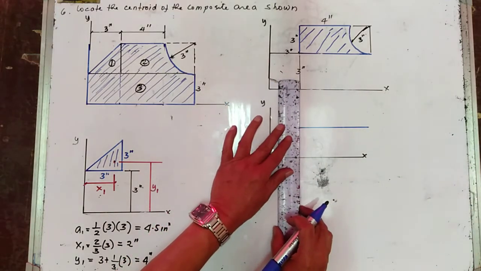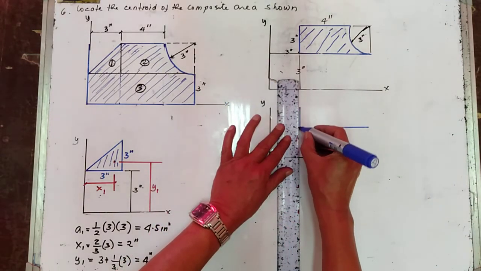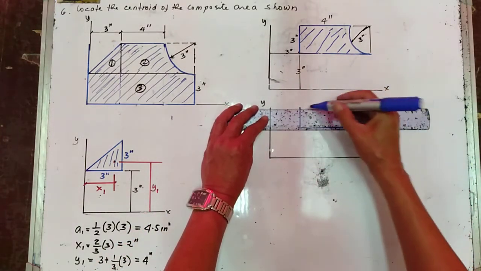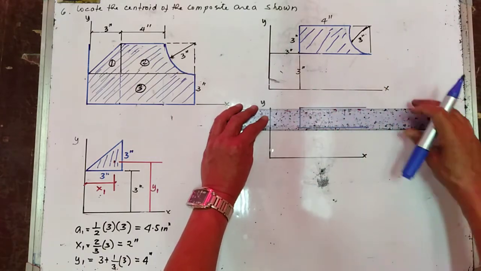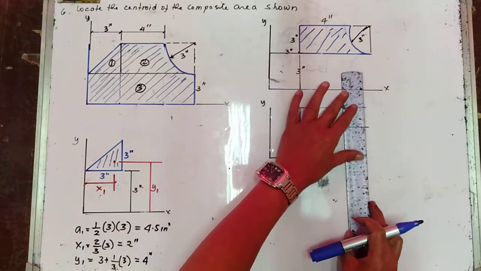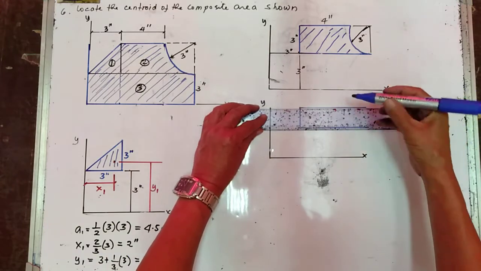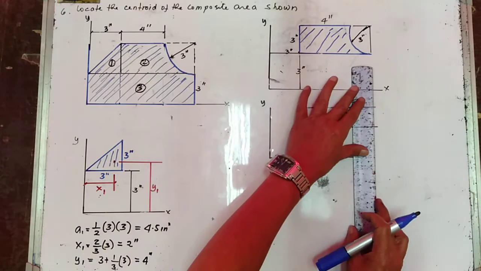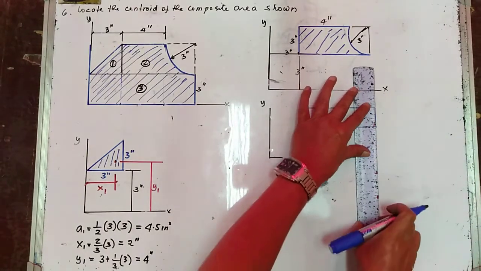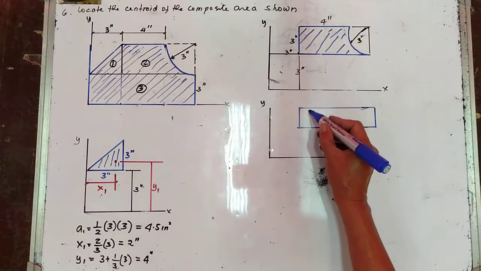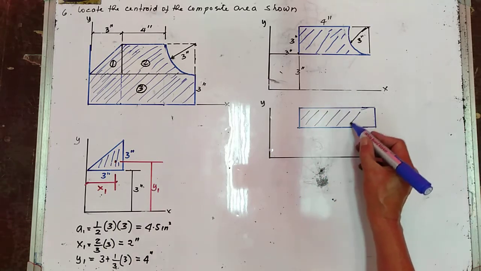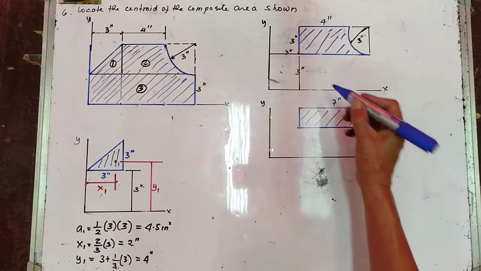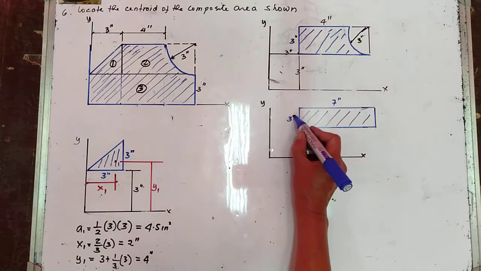So we have a rectangular area, which is 4 plus 3, so we have 7 inches, and we now have your 3 inches.